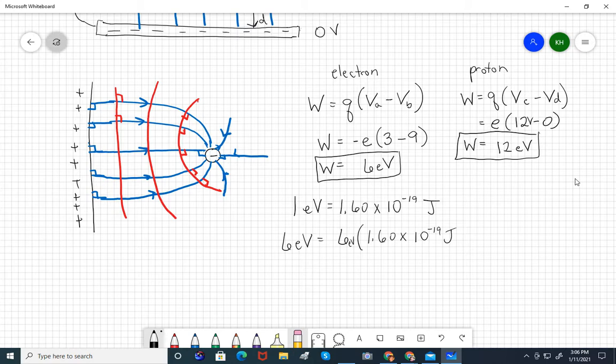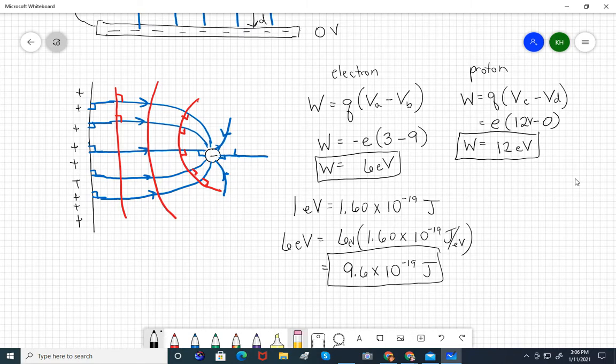That's electron volts, that's joules per electron volt. That'd be 9.6 times 10 to the negative 19 joules. All right, I think that's all I want to say about equipotential surfaces.